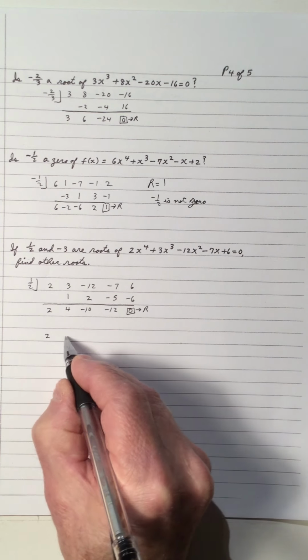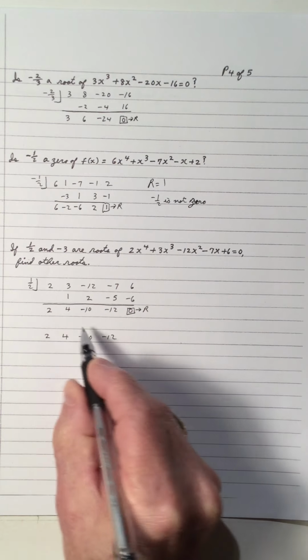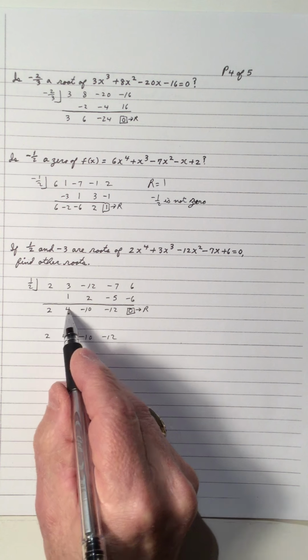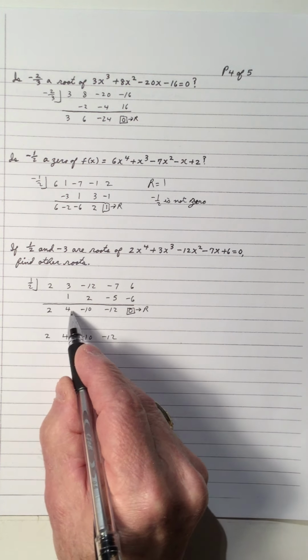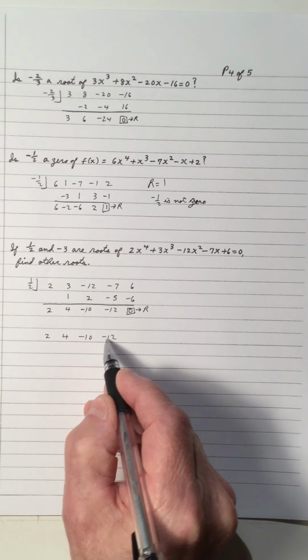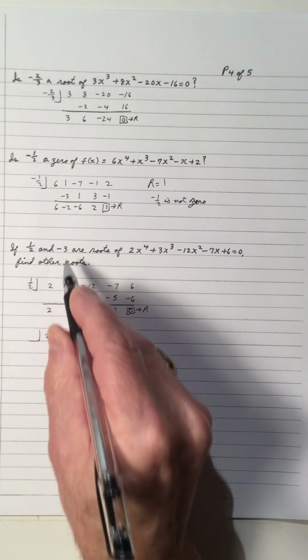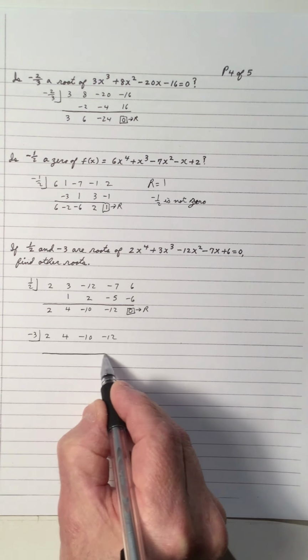Now we take the depressed equation. This is x to the 4th, so this is x cubed, x squared, x and a constant. Instead of writing down x cubed, x squared, I'm just going to write down the coefficients. Now I'm going to divide by -3.